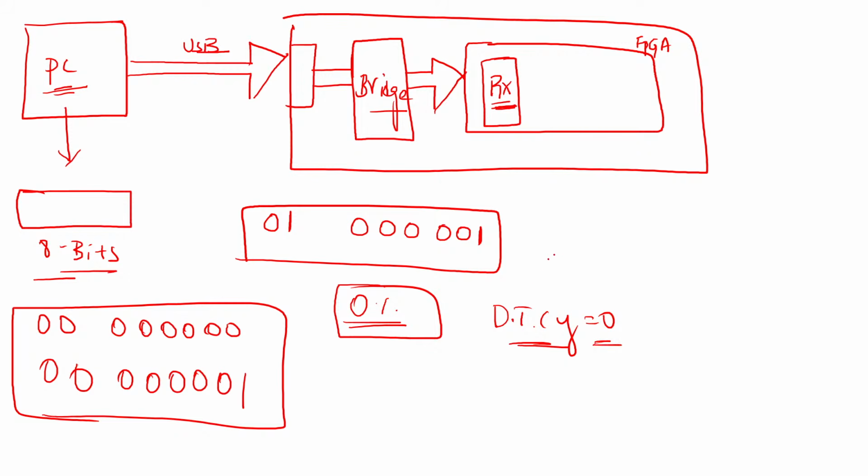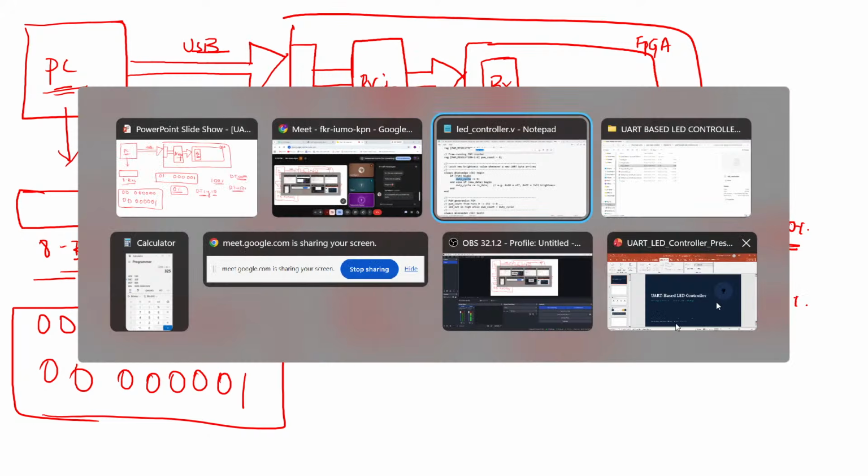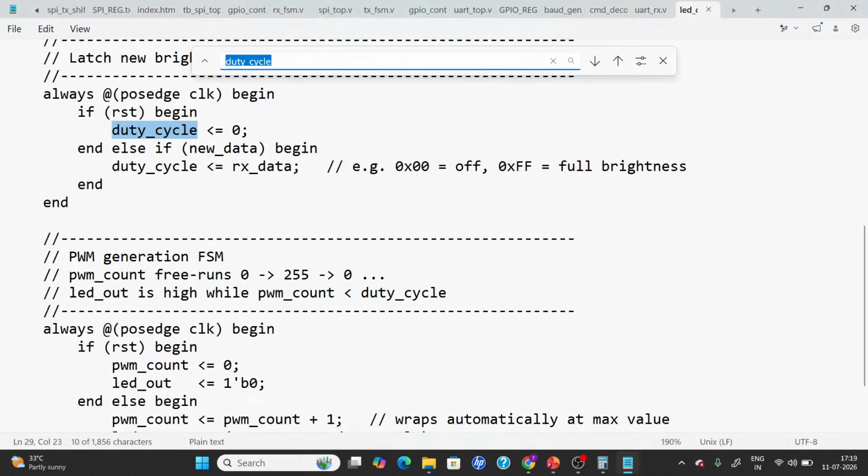If I want 100% brightness, then I give the duty cycle as 100%. A duty cycle of 100% is nothing but on forever. And if the duty cycle is 50% brightness, then it will be on for half the time period and off for the other half. That is what we are going to do over here.